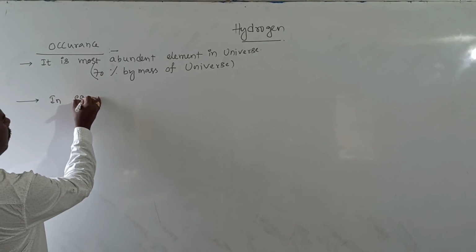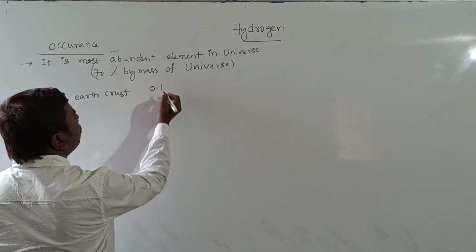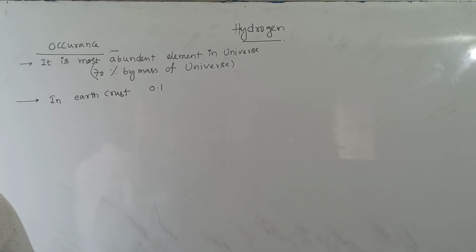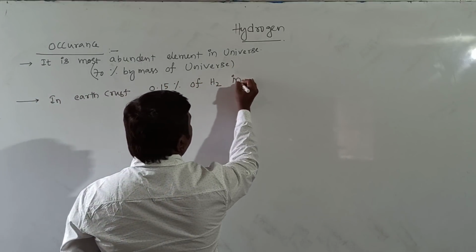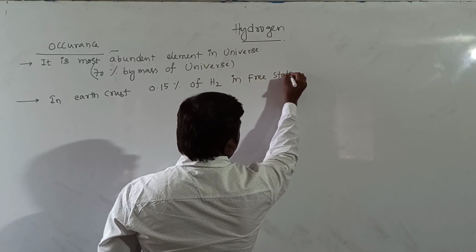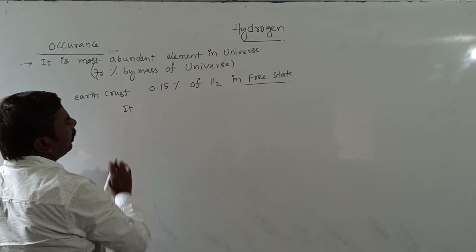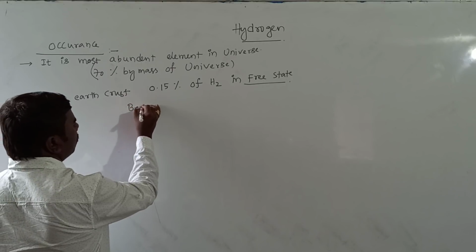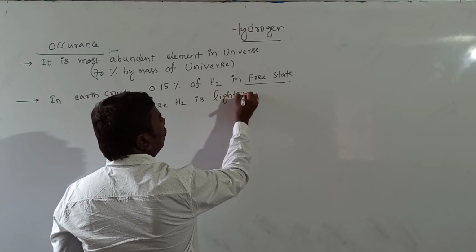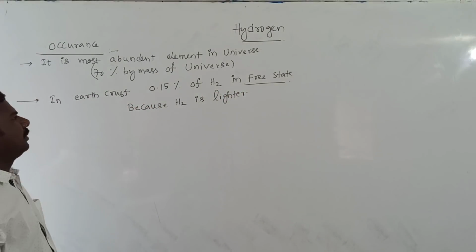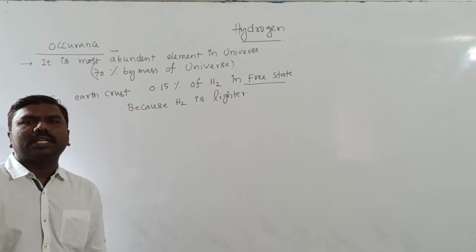In earth crust, 0.15% of hydrogen exists in free state. Free state means it is because hydrogen is very light compared to other elements. Next, in earth crust and oceans, it also exists in combined state.